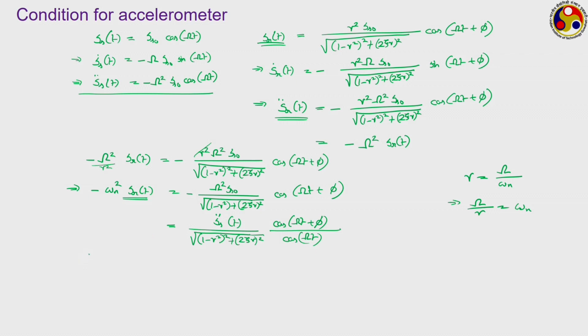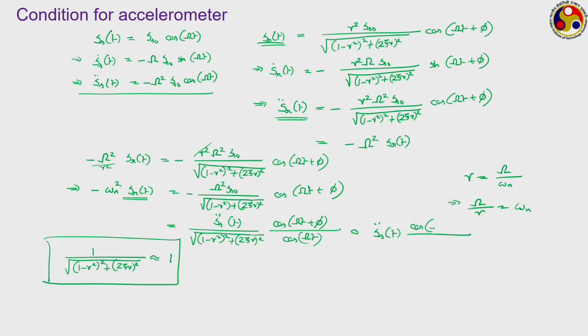If we impose this condition, that is 1 upon root over (1 minus r square) whole square plus (2 zeta r) whole square, if we assume this to be nearly equal to 1, then this particular situation becomes S_S double dot(t) cos of omega t plus phi by cos of omega t, that is the resultant displacement, which we can also write in terms of resultant acceleration.